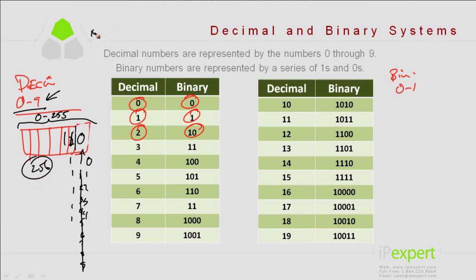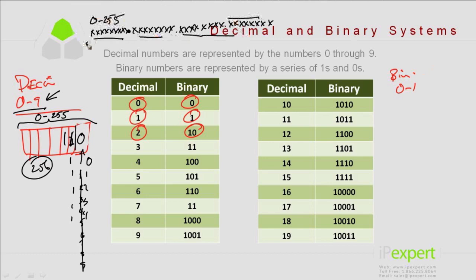So I've got 8 values, 1, 2, 3, 4, 5, 6, 7, 8, and then another 8, another 8, and another 8. So I have 4 groups of 8 binary values. So each one of these can add up to 0 to 255.